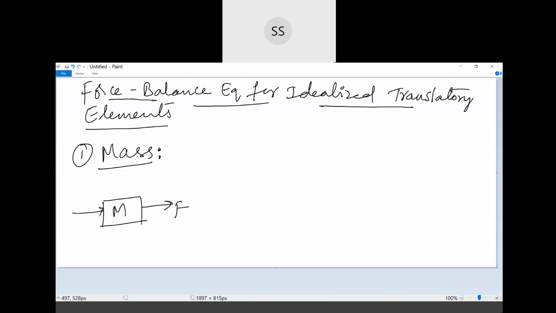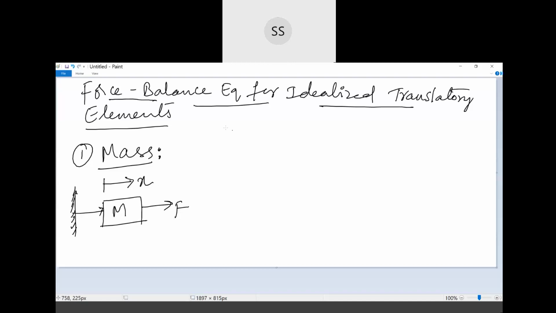Assume that the force F is applied here, and here is the reference. Because of the applied force, the mass gets displaced by x. So here m represents the mass, f represents the applied force, and x represents the displacement.